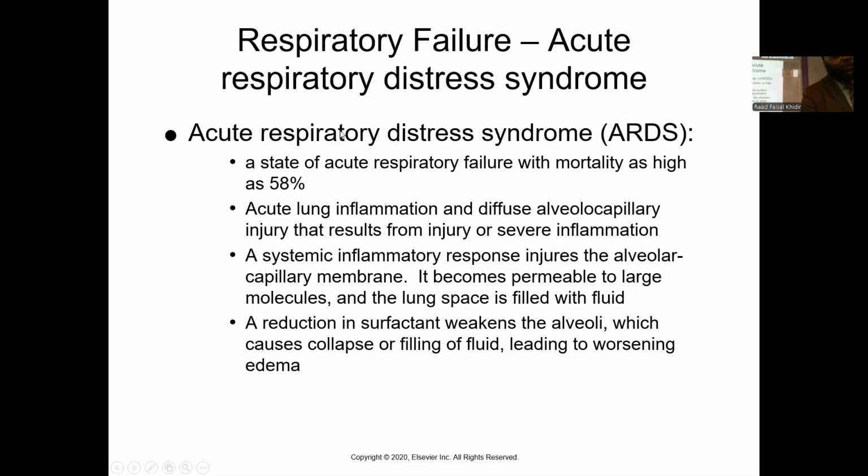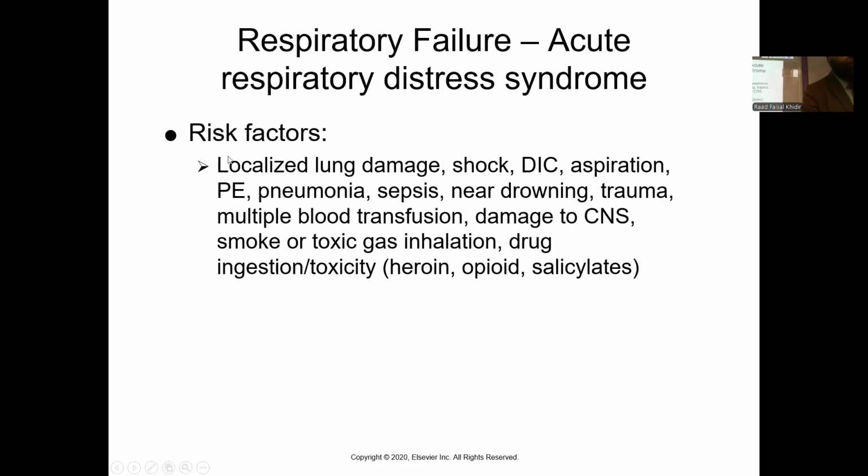Acute respiratory distress syndrome. So you have a state of acute respiratory failure with a mortality as high as 58%. Risk factors, you have localized lung damage, shock, disseminated intravascular coagulation, and that is when the blood vessels are coagulating at known centers and the coagulation is not distributed uniformly throughout the body.